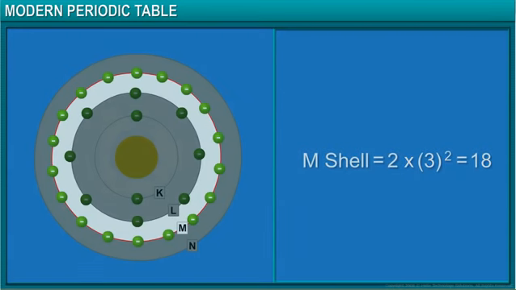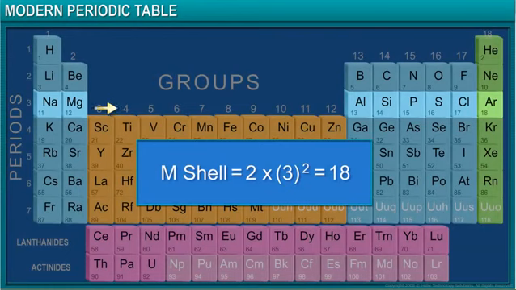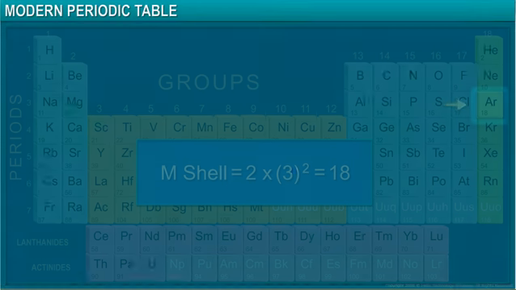But the outermost shell can have only 8 electrons. So the third period has only 8 elements, that is, sodium, magnesium, aluminium, silicon, phosphorus, sulfur, chlorine, and argon.